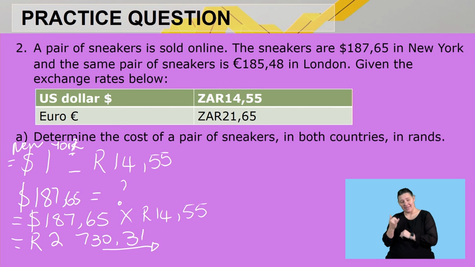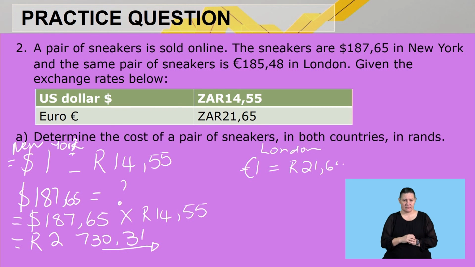Now, looking at the other country, which is London. In London, I'm given an exchange rate compared to South African rand as €1 will be equivalent to 21 rand 65.